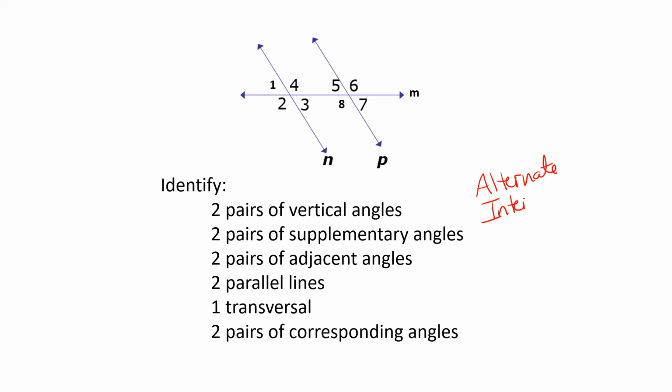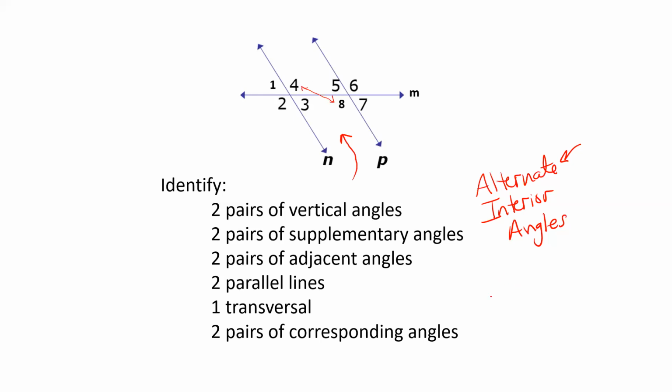Alternate interior. Now, remember, what does interior mean? It means inside the parallel lines and opposite the transversal. So inside the parallel lines, we're talking about this space in here, right? So 3 and 5 are alternate interior, and they're congruent, and 4 and 8 are alternate interior, and they are equal to each other.